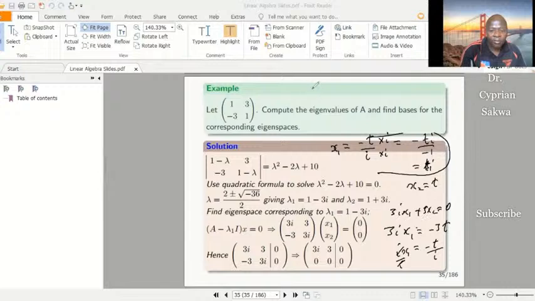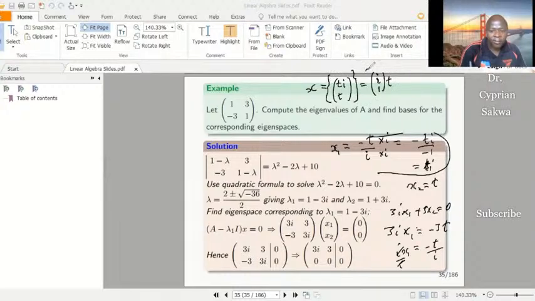So that x becomes x1, x2. x1 is ti and x2 is t. Or if you want, you can write it as i, 1 with a t here. And this one is the eigenspace.